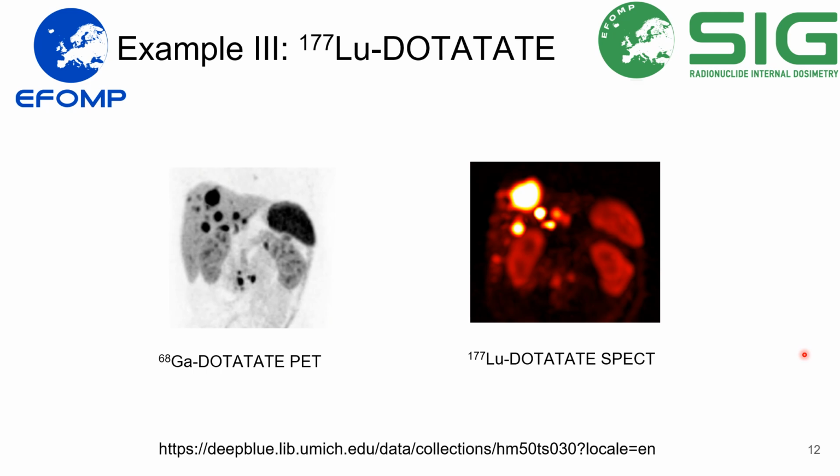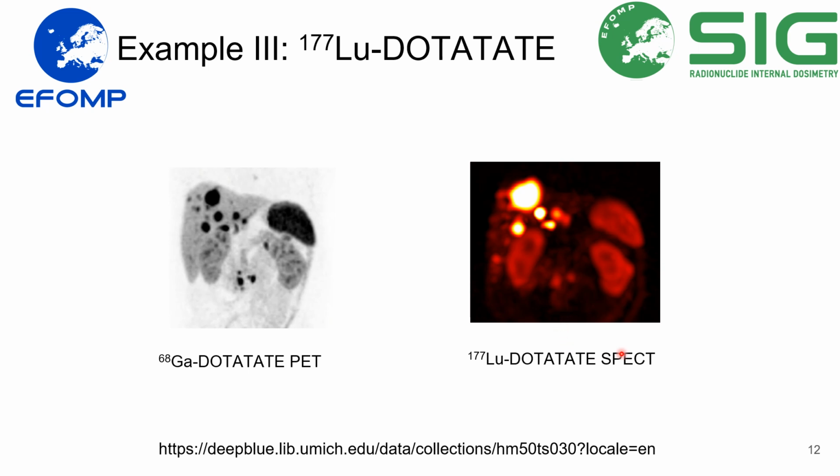So if you would like to explore a little bit more, feel free to download the patient cases and look at it yourself. What you can see here is that that patient suffers from metastasis to the liver, but also to the lymph nodes in the abdomen. And you can see how the SPECT image is confirming the uptake of the pharmaceutical in the same areas of the lesions and of the lymph node metastasis.